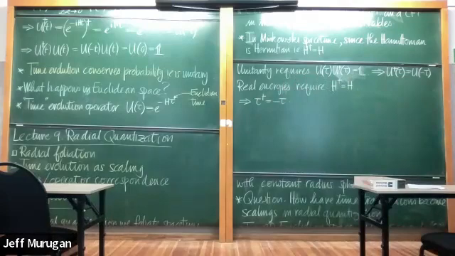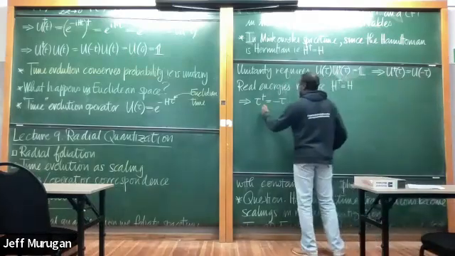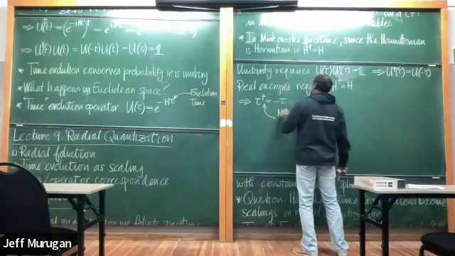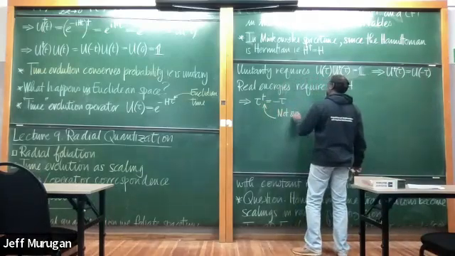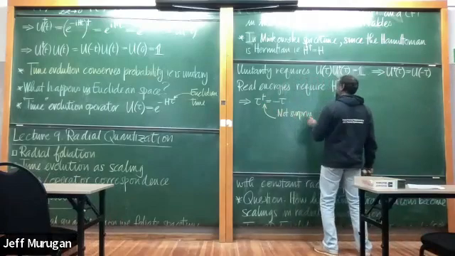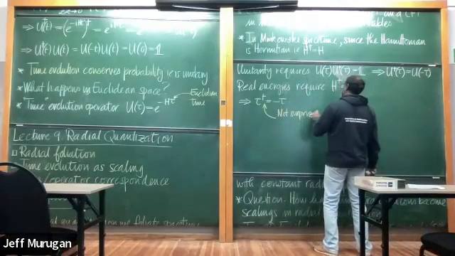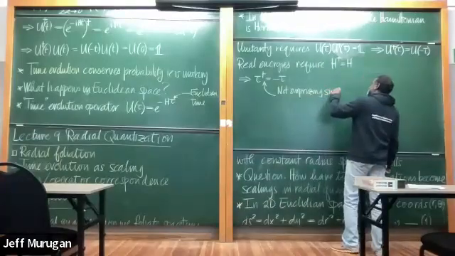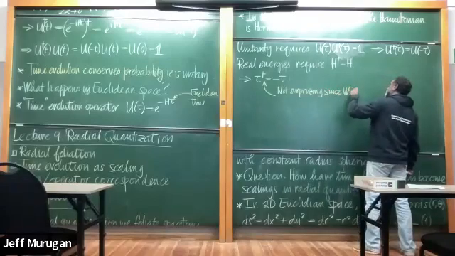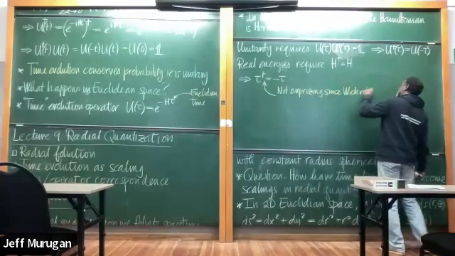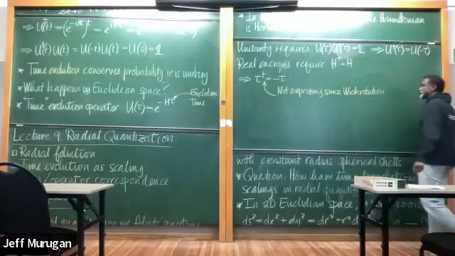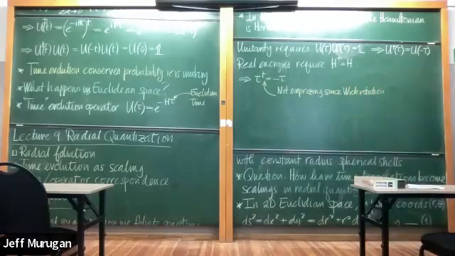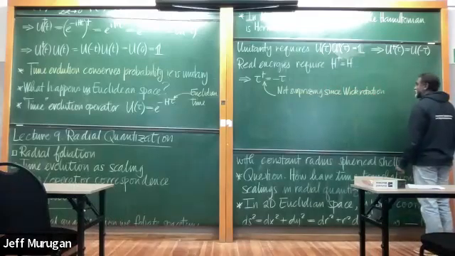This is not surprising, since when you go from Minkowski space to Euclidean space, I make a Wick rotation, an analytic continuation. Not surprising.